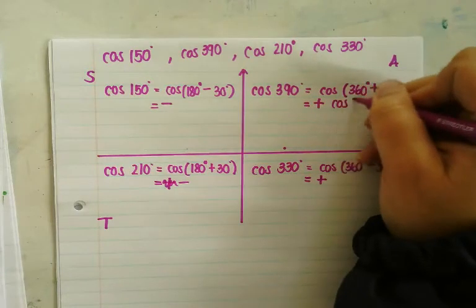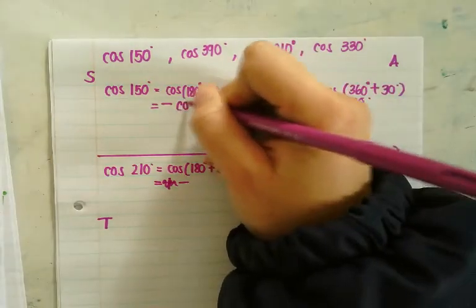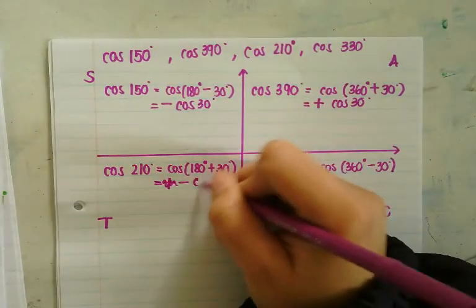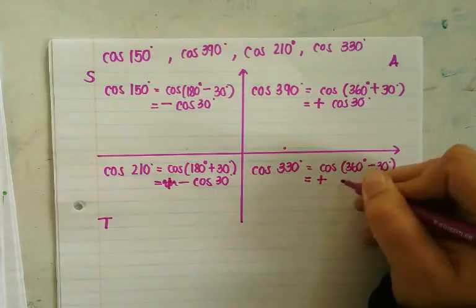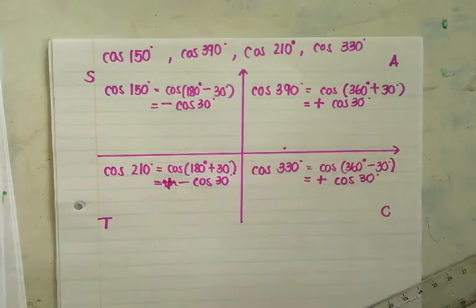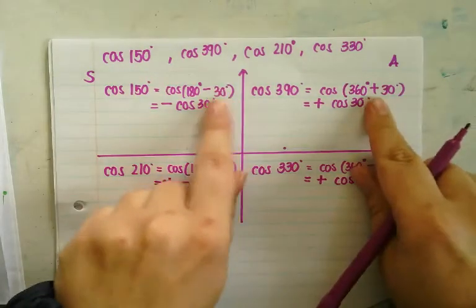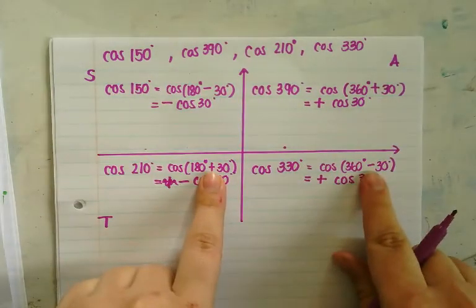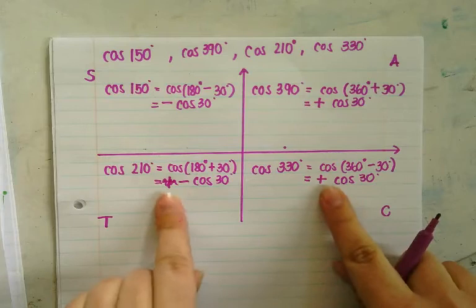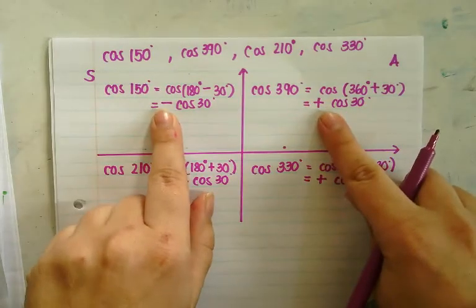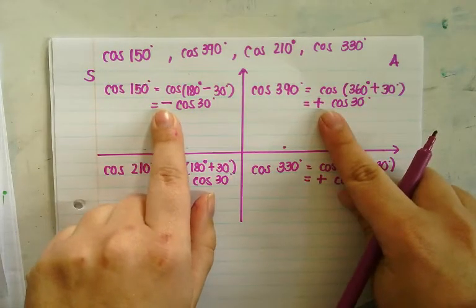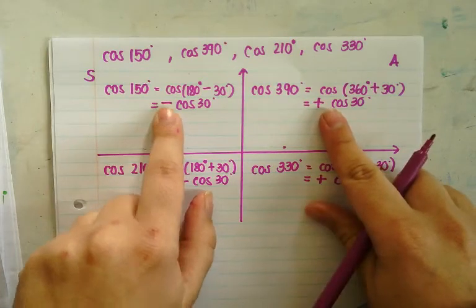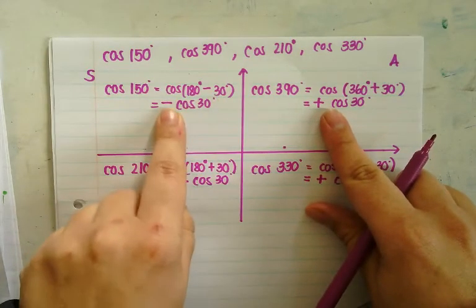Cos 30, cos 30, cos 30, cos 30. Can you see that this positive negative of the 30 is not the same positive negative that's in front of the cos? And that is the biggest mistake learners make. They think it's negative 30, so it's negative cos.